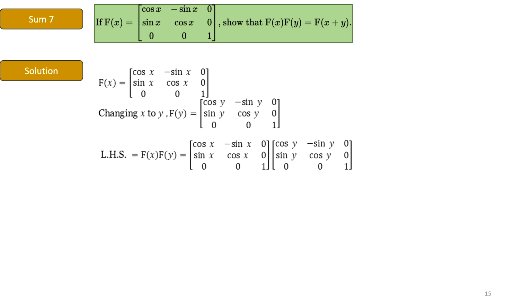Similarly, f of y is a 3 by 3 matrix with elements cosine y, minus sine y, 0, sine y, cosine y, 0, and 0, 0, 1. As per the problem statement, we multiply these two 3 by 3 matrices to compute the value of f of x into f of y.